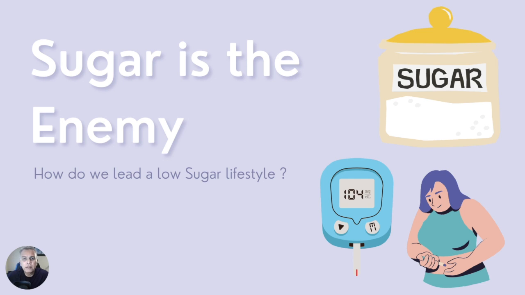We are trying to avoid taking in too much sugar into our body, and we are trying to see how we can lead a low sugar lifestyle so that we don't need to get into taking medications for diabetes or having to prick our finger to check the sugar every so often.